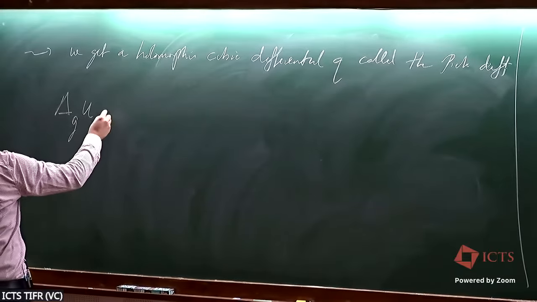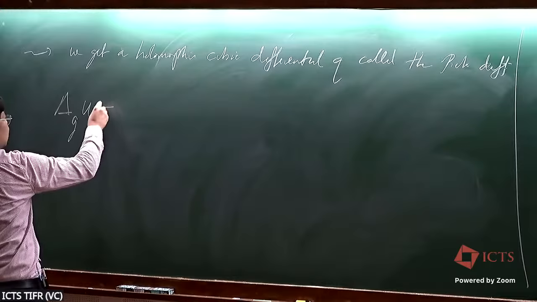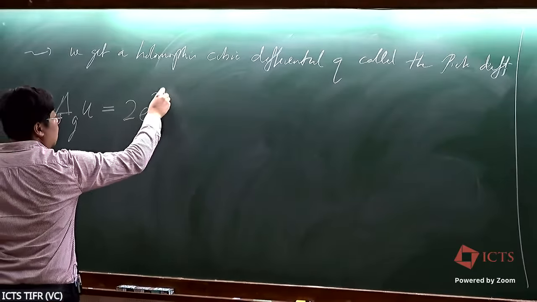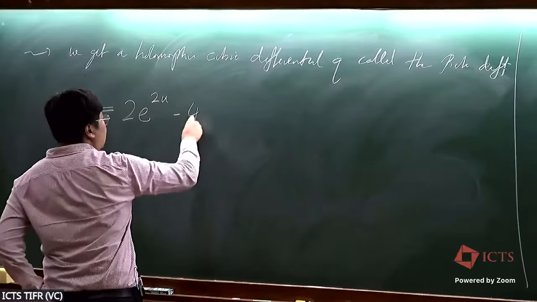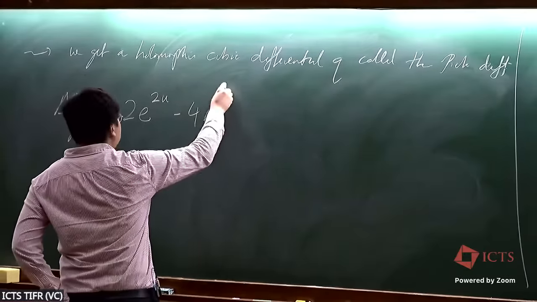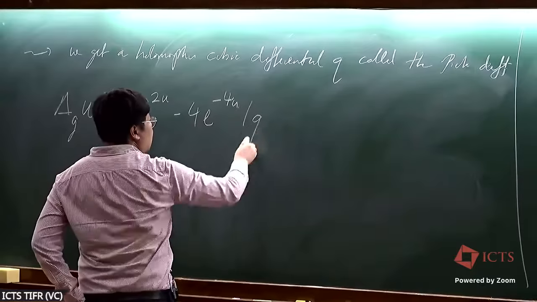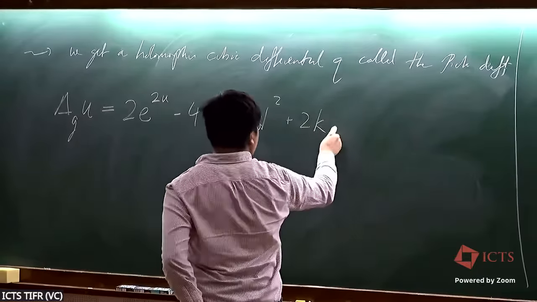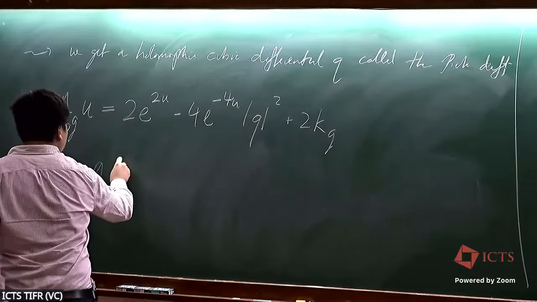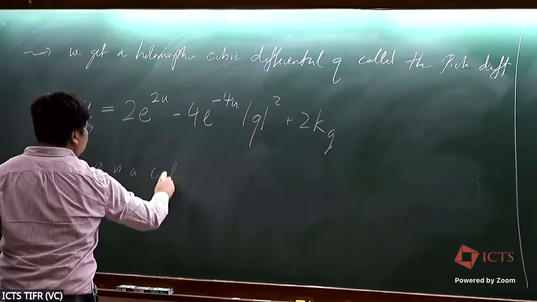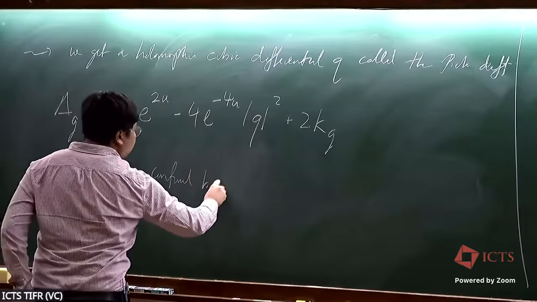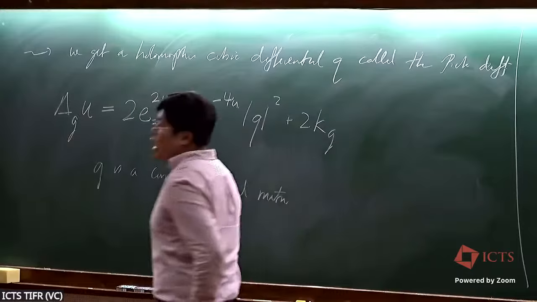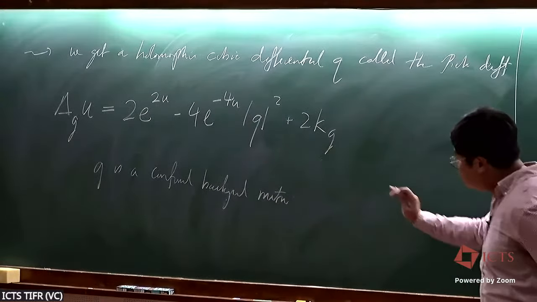If I choose some conformal background metric on my surface, then I get the following, minus 4e to the minus 4u. And here you see this is my cubic differential, and I have a curvature. And G is a conformal background metric.